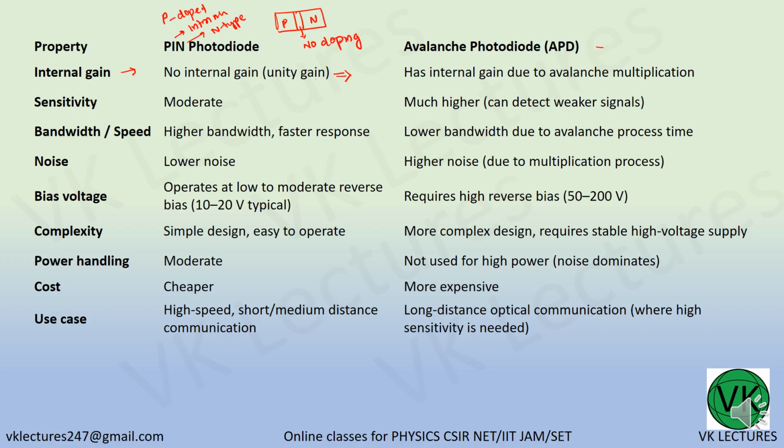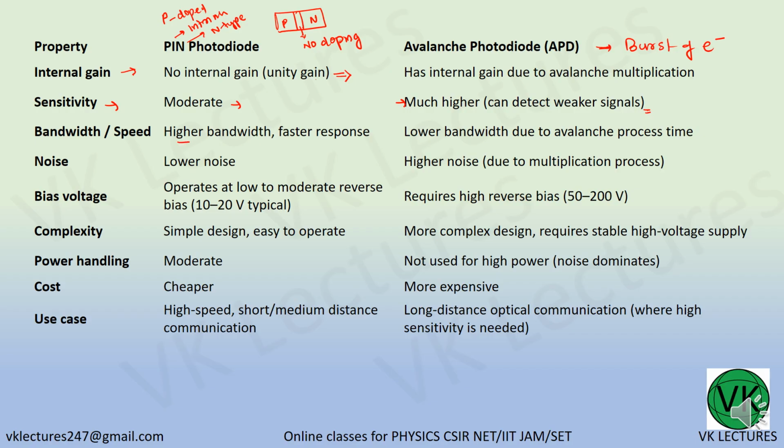Avalanche means a burst of electrons, so there is a huge release of electrons, hence higher internal gain. Sensitivity in the PIN diode is moderate, and in the avalanche diode it is much higher, used to detect weaker signals.